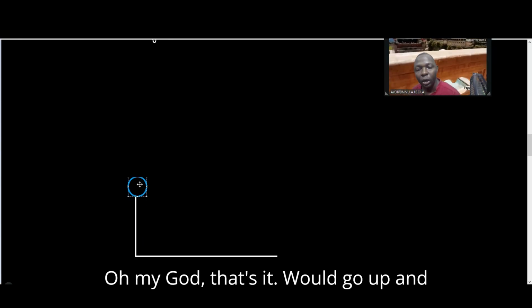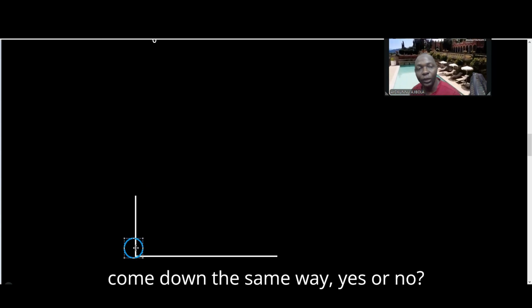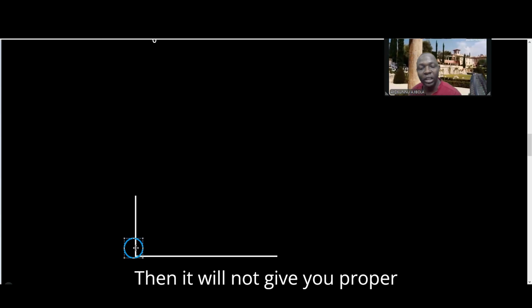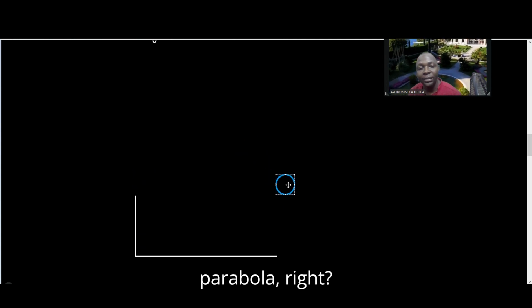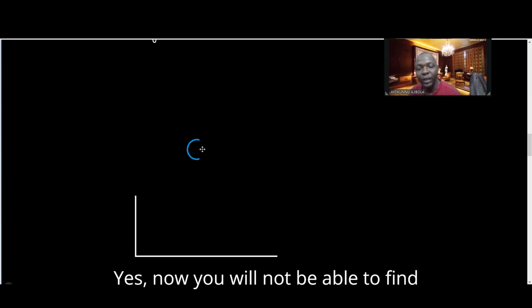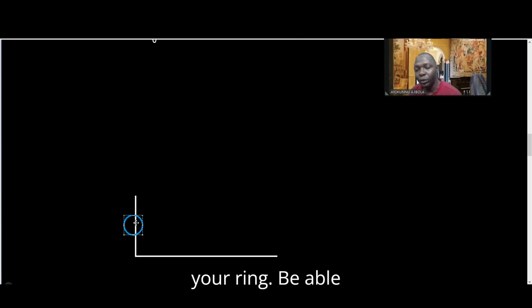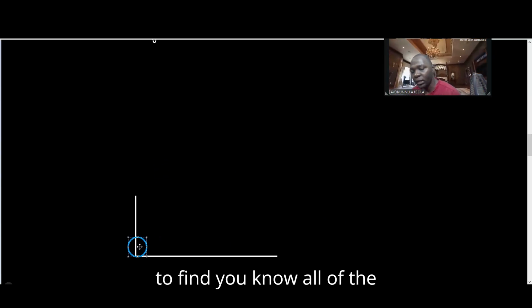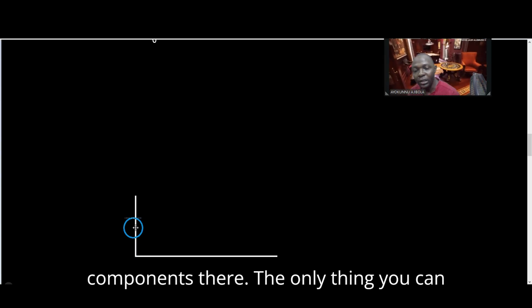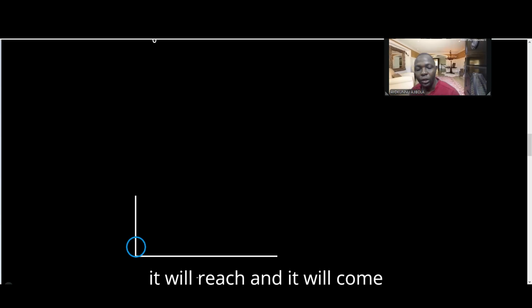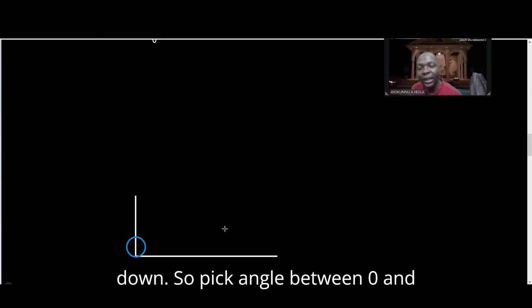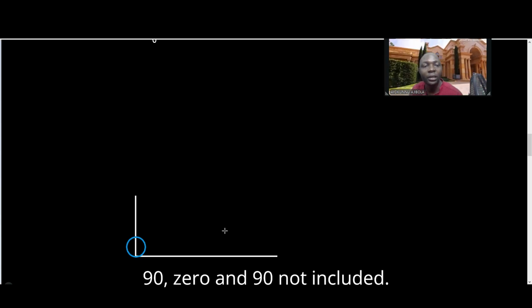It will go up and come down the same way, yes or no? Then it will not give you a proper projectile. It will not give you the parabola. Then you will not be able to find your range or the other components. The only thing you can talk about here is the maximum height that it will reach before it comes down. So pick an angle between 0 and 90, with 0 and 90 not included.